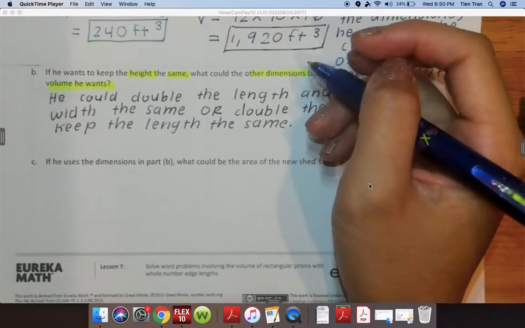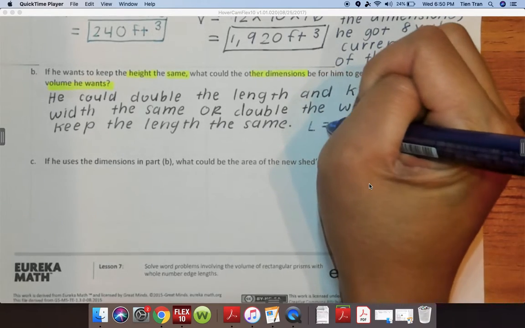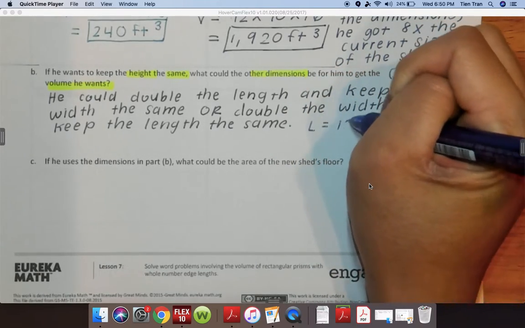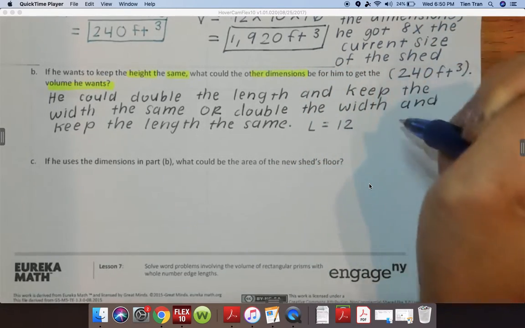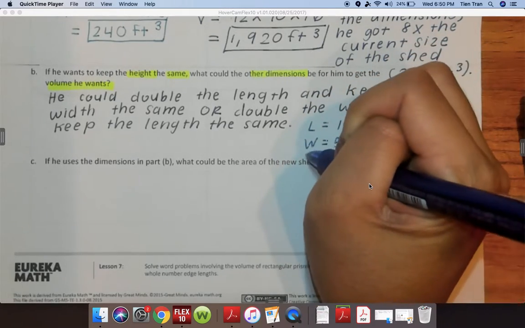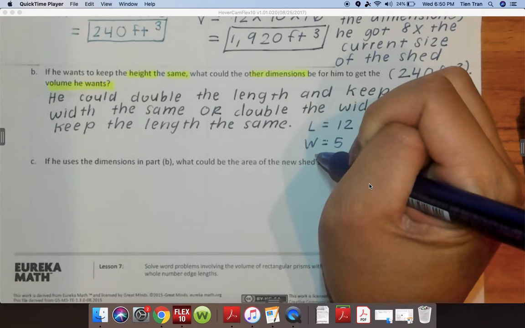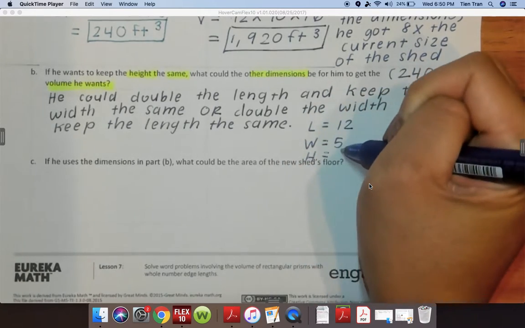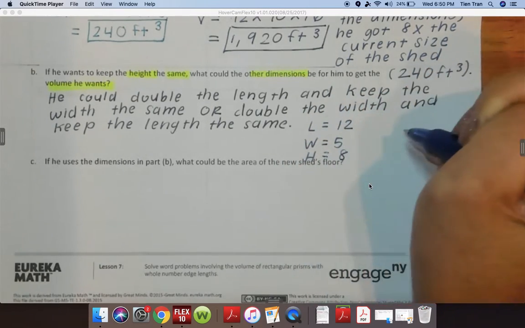Okay, so he could either do length is equal to 12 feet, width is equal to 5 feet, and height is equal to 8 feet.